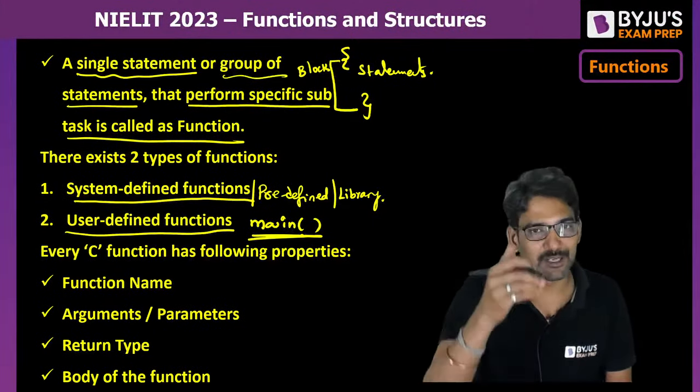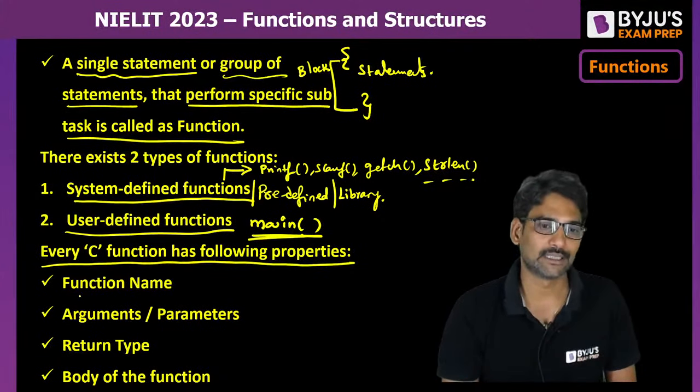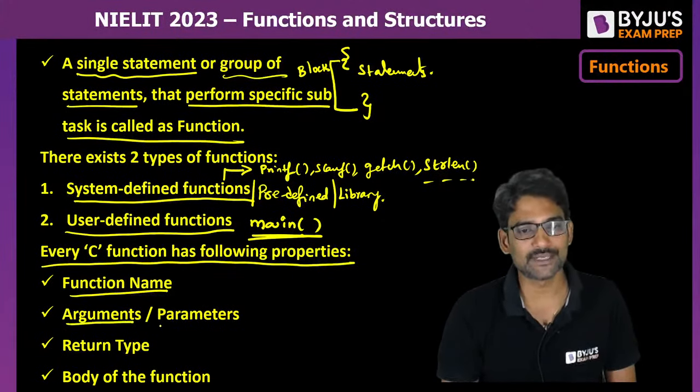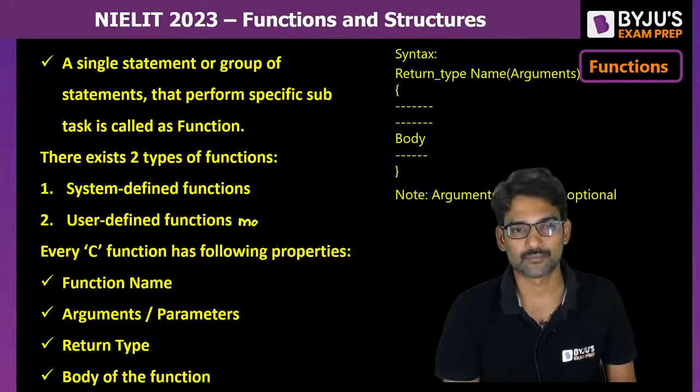Now, every C function has the following properties. So what will be there for every function? Function name, arguments or parameters, return type and body. Here, how do we define such a function?